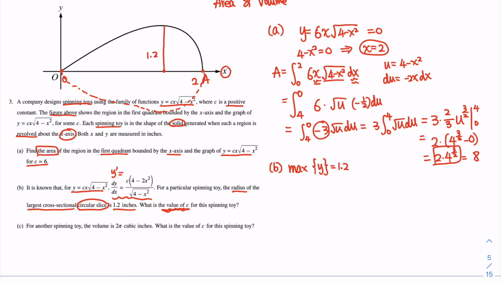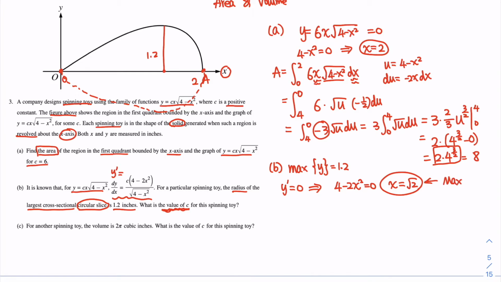In order to find the maximum value of y, we need to take the derivative of y, and the derivative is already given. We set y prime equals 0. The denominator cannot be 0, so the only term that can be 0 is the numerator. So we solve for x equals square root of 2. This is the only critical point. And at x equals 0 and x equals 2, the y value equals 0, so this will give us the maximum value.